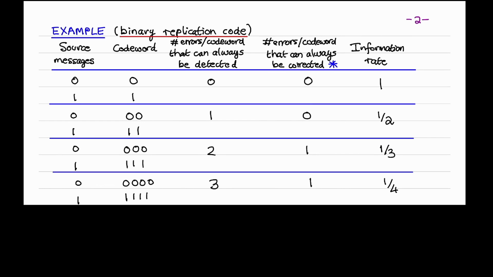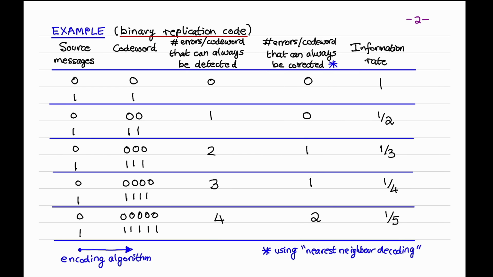Similarly, if we replicate a source message bit 4 times, then the number of errors per code word that can always be detected is 3, whereas the number of errors per code word that can always be corrected when nearest neighbor decoding is used is 1. And similarly, when the bit is replicated 5 times.